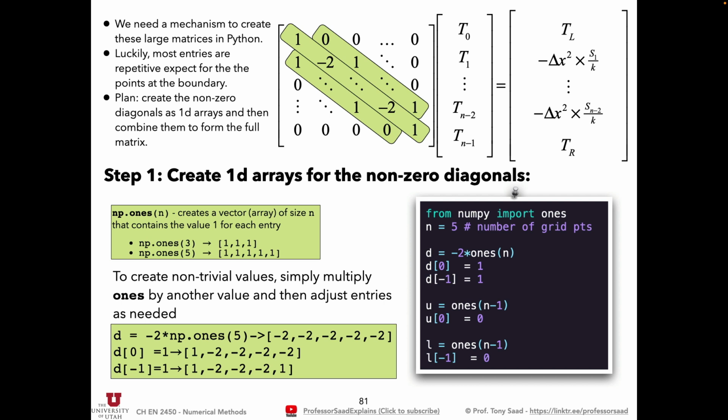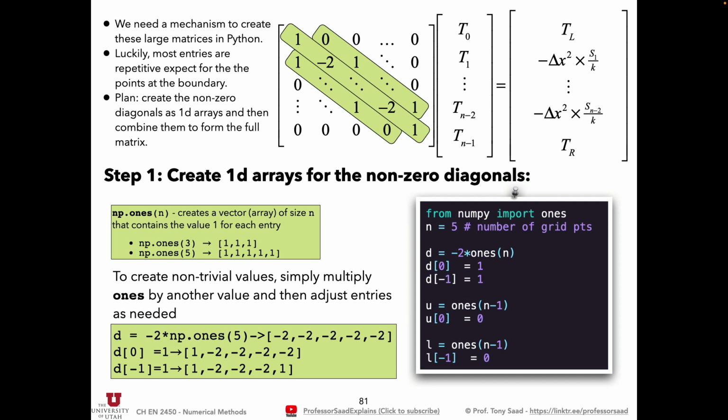The first step was using the numpy.ones routine that returns an array of ones of size n. That helps us build the first upper and the first lower diagonals. And then we just adjust the values at the end, the first point 0 or the end point 0, as I show here in these two lines of code.